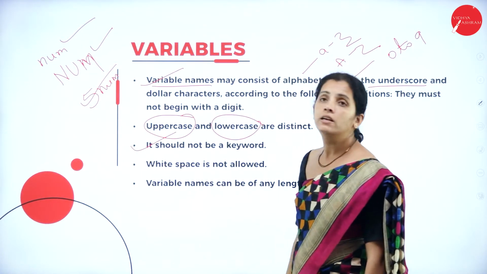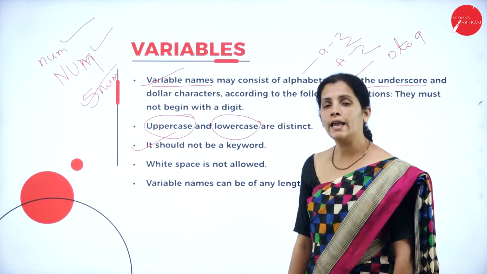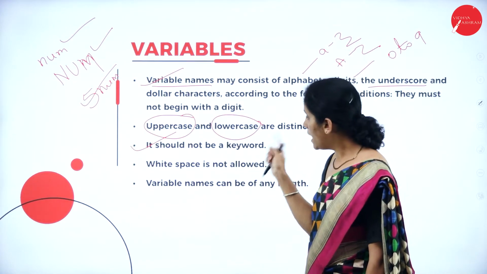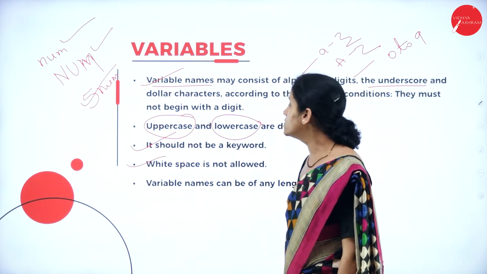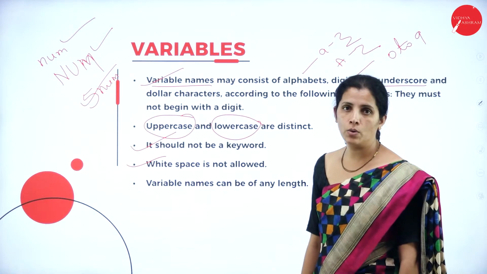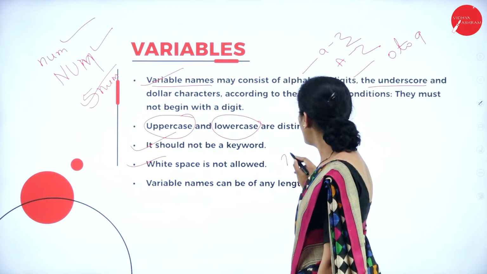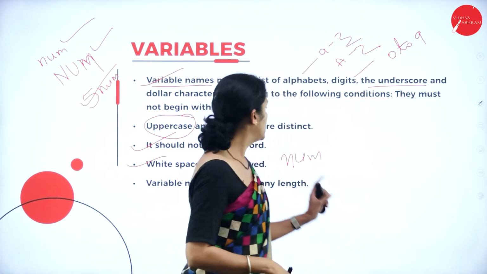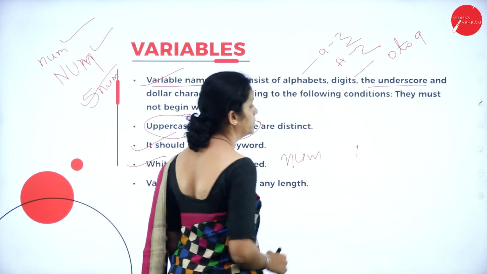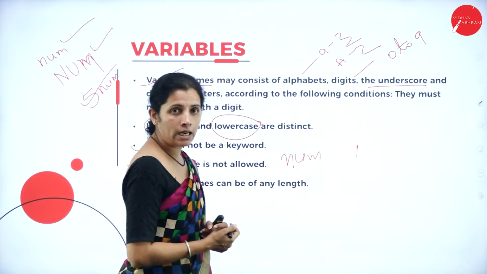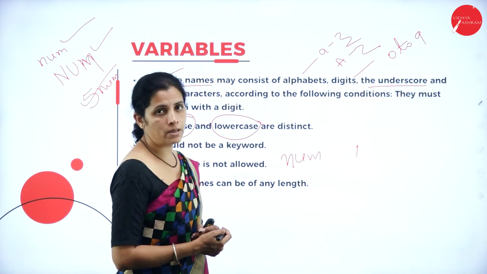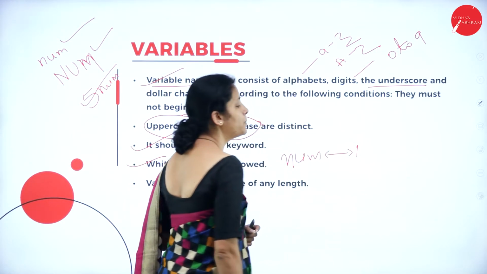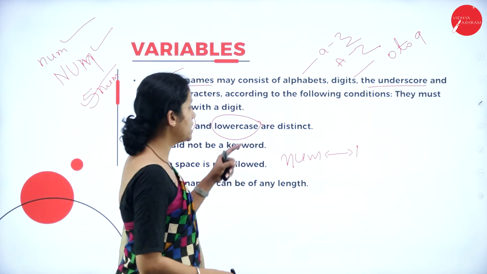While defining a variable, I cannot use a keyword. Along with that, white space is not allowed. That means if I want to create a variable called number 1, this kind of declaration is not possible because I cannot give white space within the variable name.